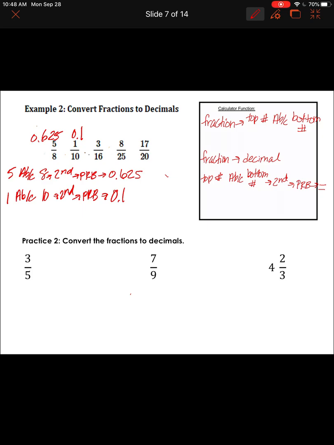Okay, then for 3/16, 3 AB/C 16, second PRB, and we get 0.1875. Eight 25ths.